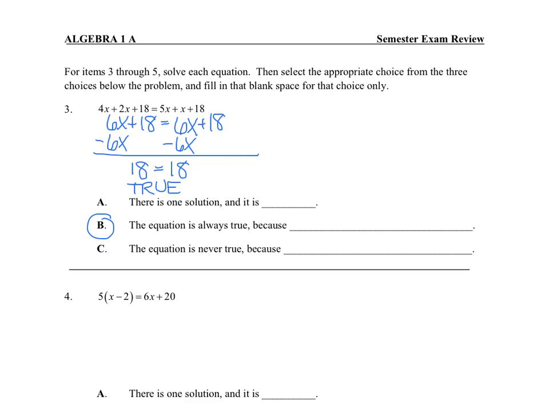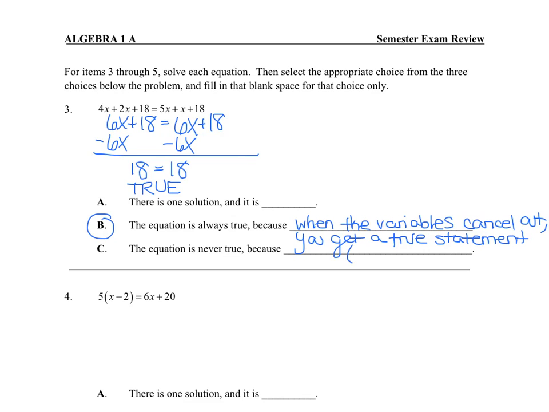And my reason why is because when the variables cancel out, you get a true statement. And what we can see is that both sides are identical.